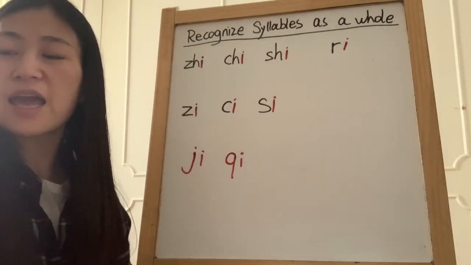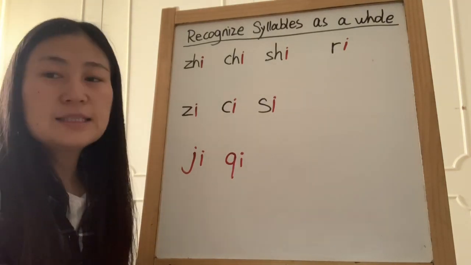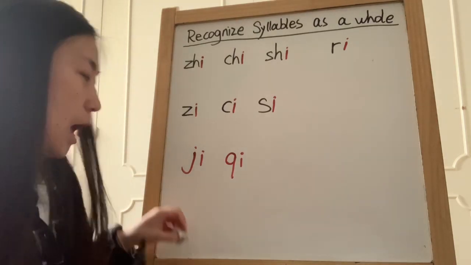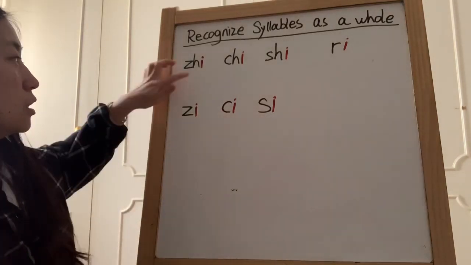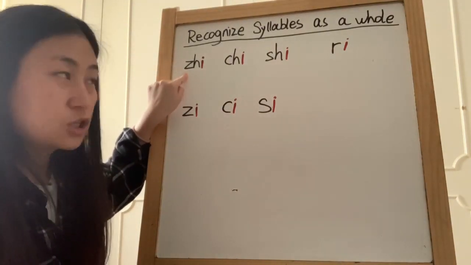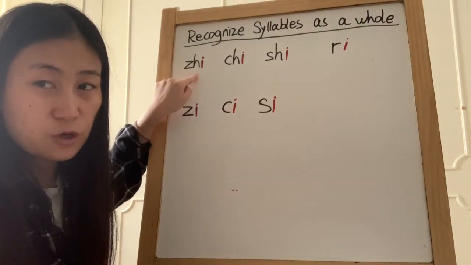Okay, right now I am going to give you one example, and I hope you can follow me to write them down, okay? Write them down. Zhi, zhi, as the consonant pronunciation.